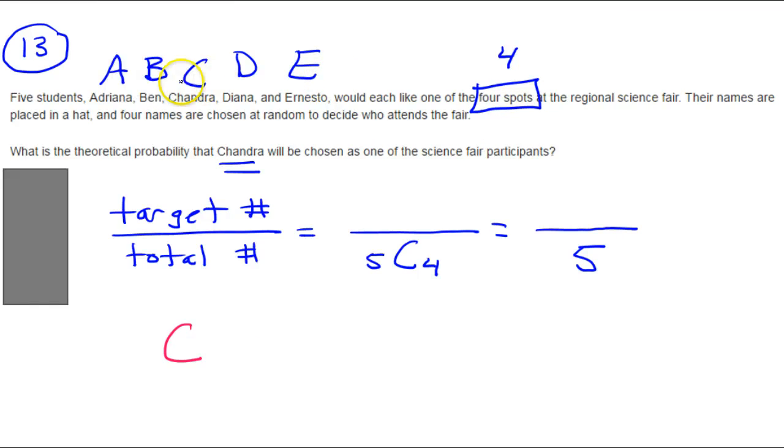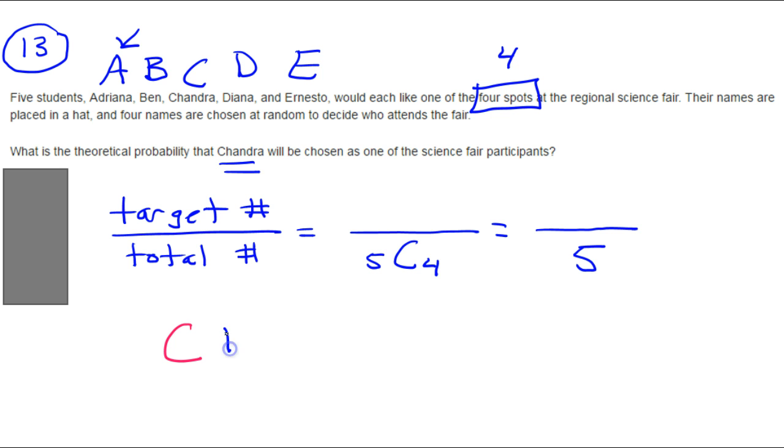So we could talk about the group where Ben is left out. So that would be Chandra, and then I'm just going to go by the letters. Okay, so we're going to definitely have C. Well, you know what? Why am I starting with B? Let's start with A is left out.